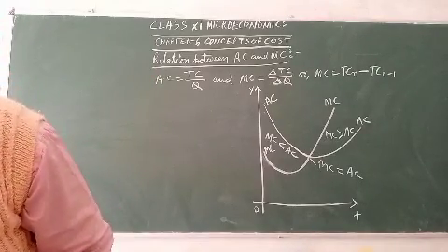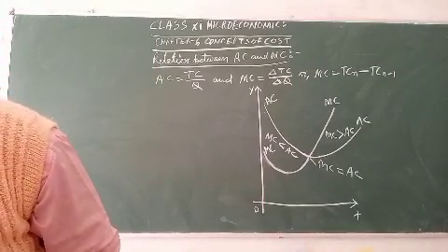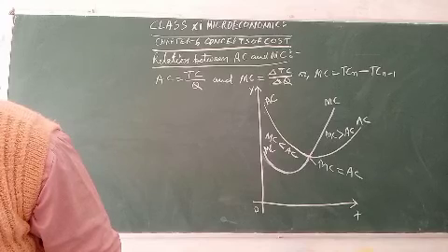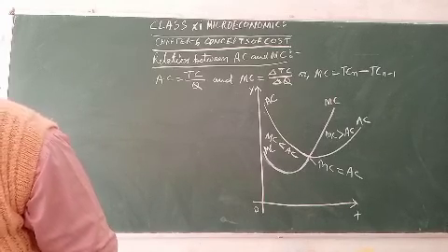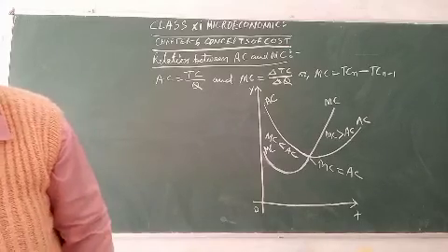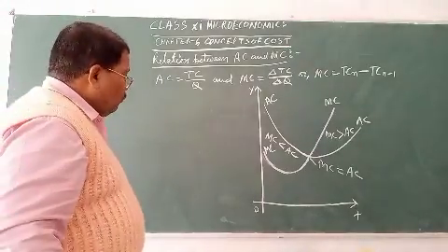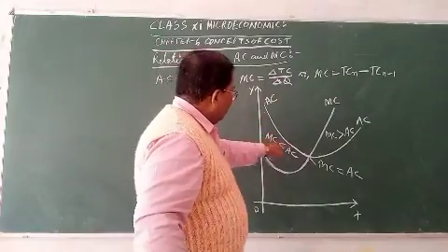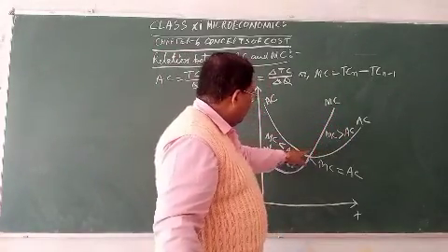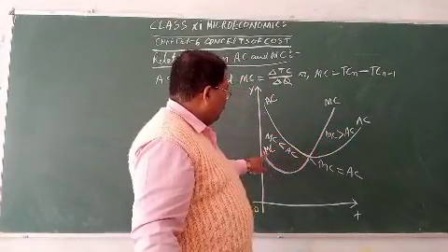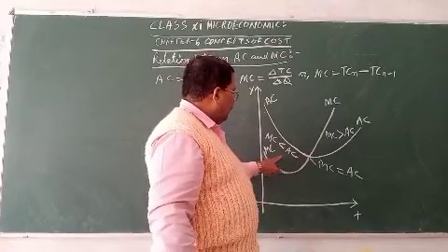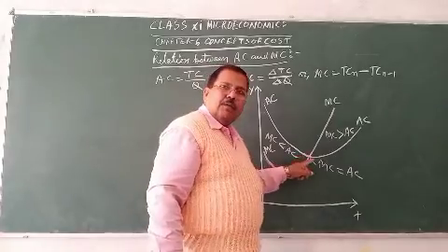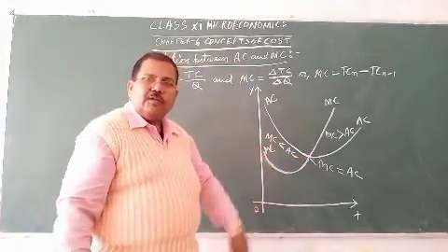And the fourth relationship, both AC and MC are U-shaped curves because of the application of the law of variable proportions.